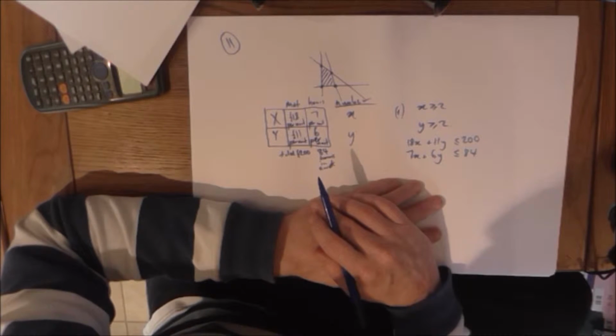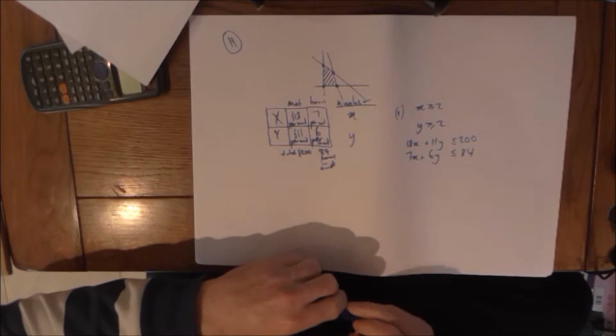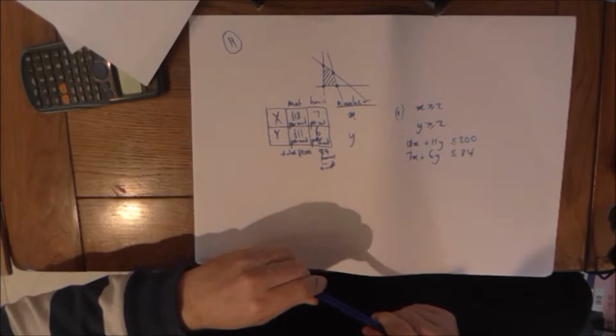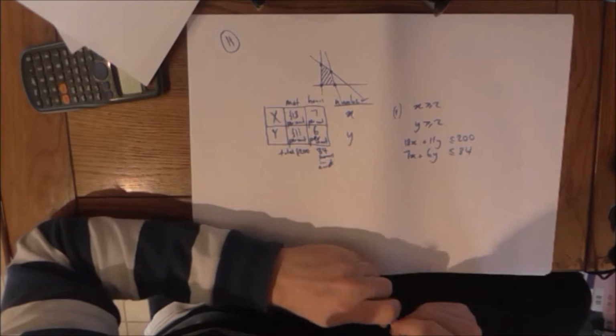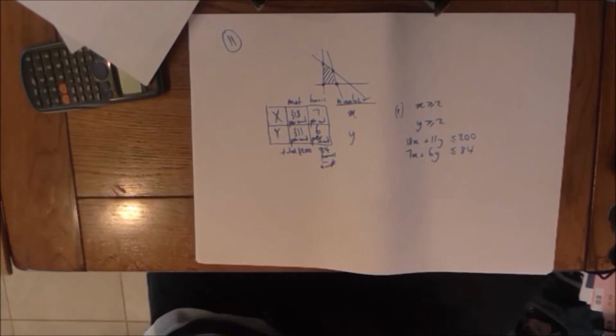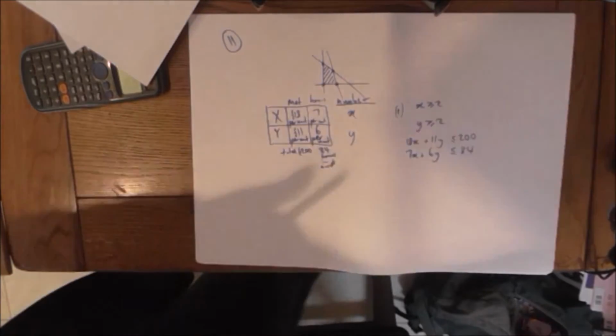Roman numeral part 2 is to shade the region that is to indicate the region that satisfies these, and they've told us that we have to indicate what doesn't count. So just going to get a ruler for this.